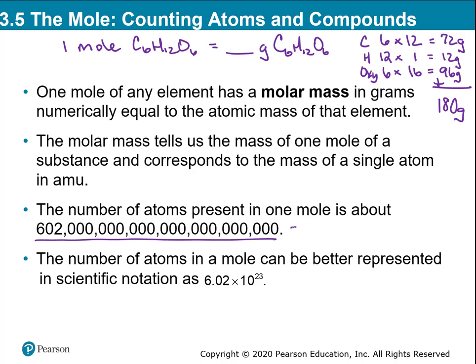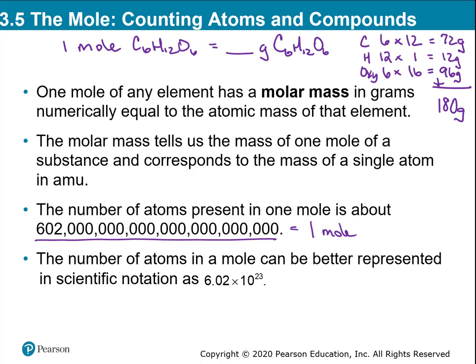How do you pronounce that number? There's a whole lot. 602 with 21 zeros. Okay, that's how many molecules or atoms is present in 1 mole of anything. So 1 mole of water, 1 mole of sugar, 1 mole of carbon atoms. That's how many parts there are to it.